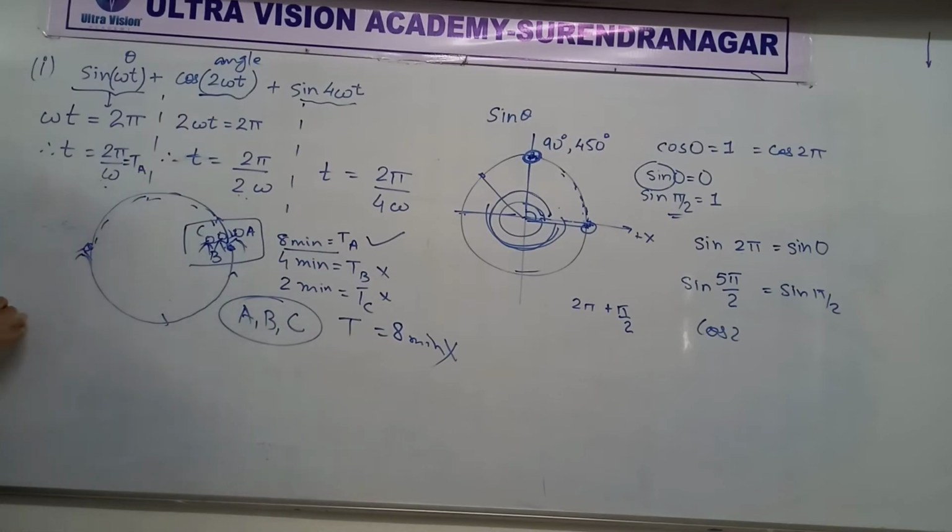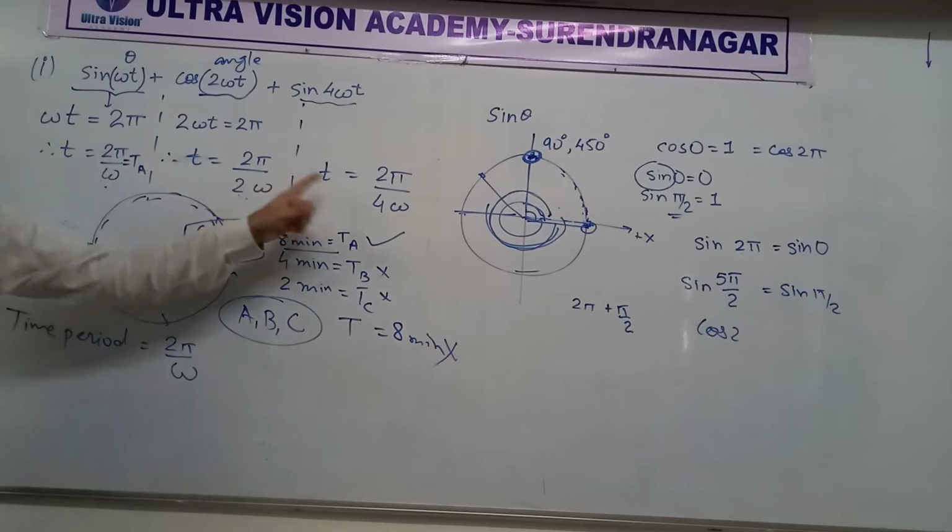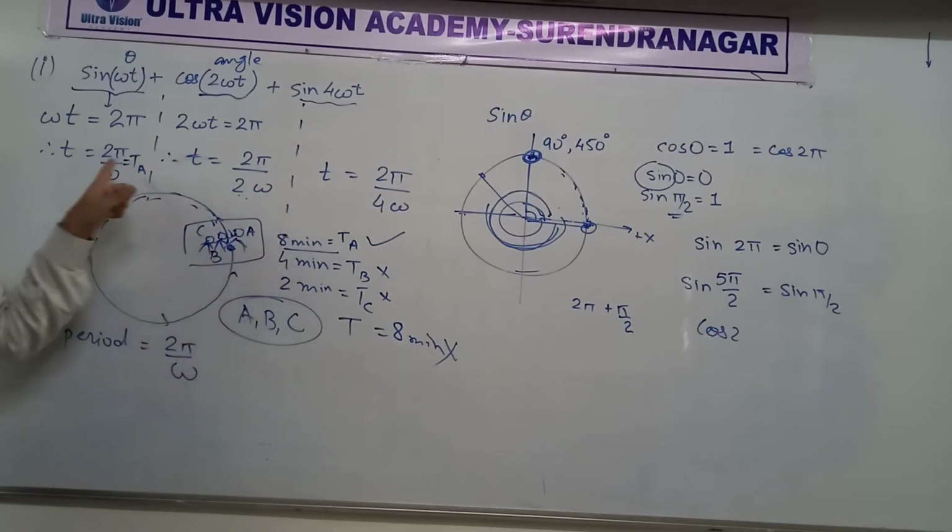The answer will be 2 pi by omega. Is that clear? This is periodic motion and the time period is 2 pi by omega. Understood this one? Why not other two? Because they are like this. They are half of this, half of this. Right? Everything clear here?